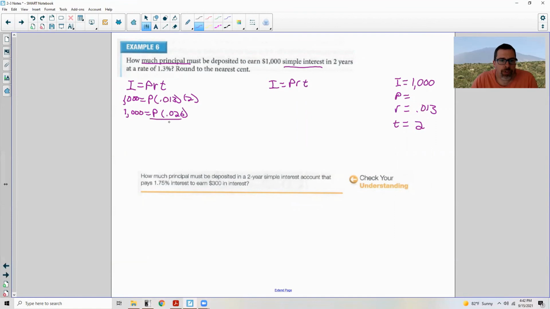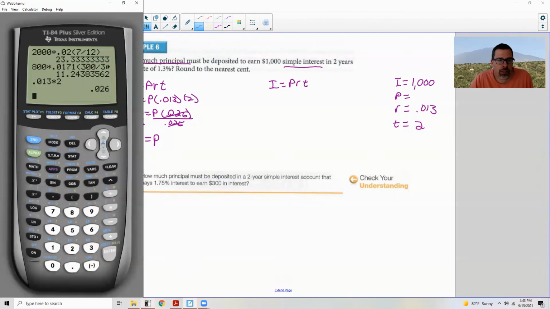I'm going to divide both sides by 0.026. Obviously, the 0.026 cancels, leaving P equals, and I go to my calculator and say 1,000 divided by 0.026.